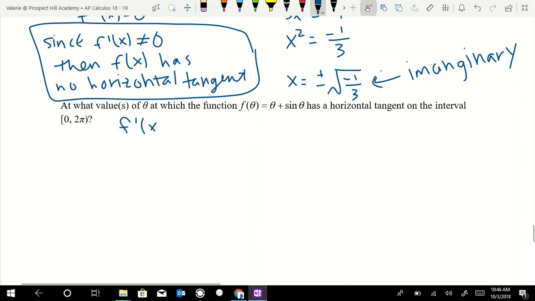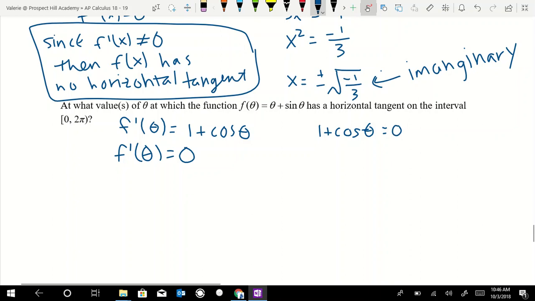So f prime of theta is going to be equal to the derivative of theta, which is 1, plus the derivative of sine, which is cosine theta. And we want f prime of theta to equal 0 for a horizontal tangent. So 1 plus cosine theta equals 0.